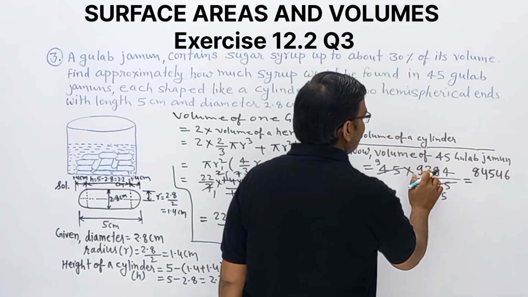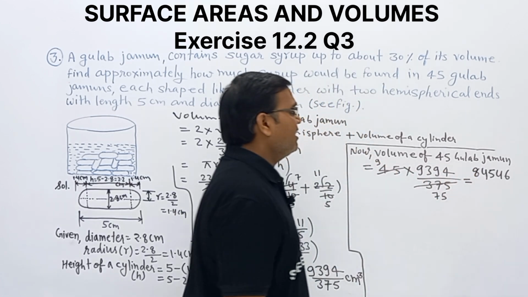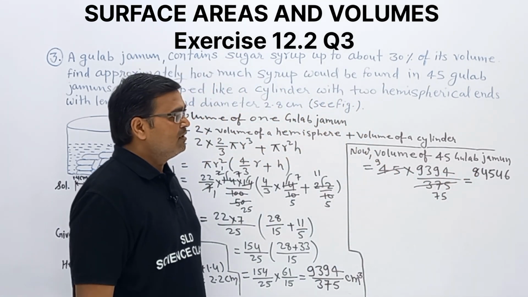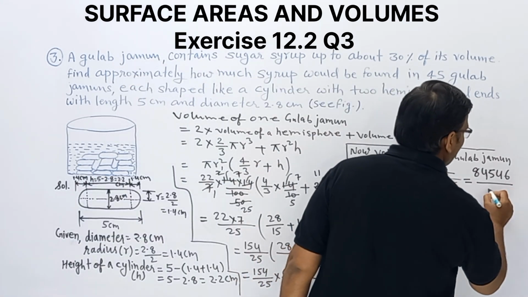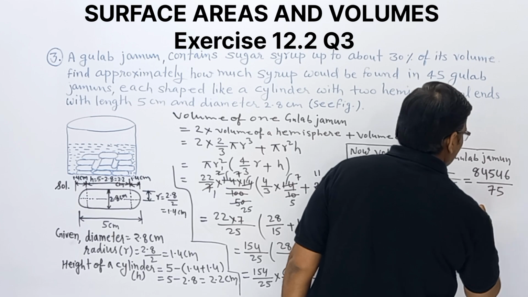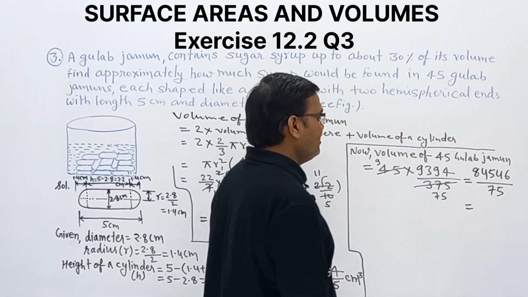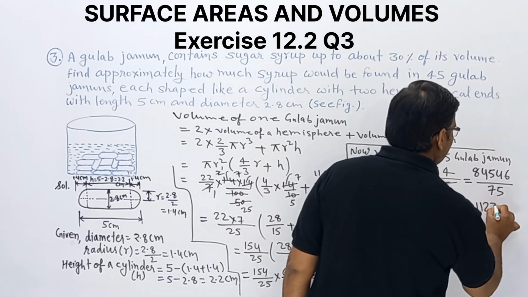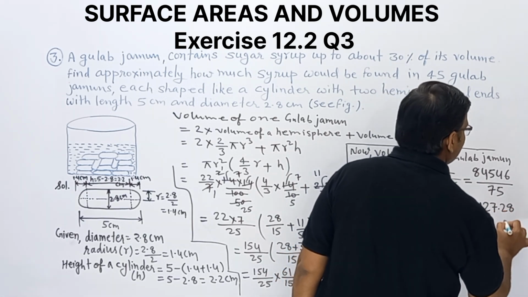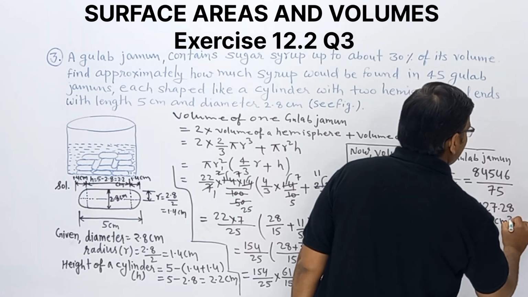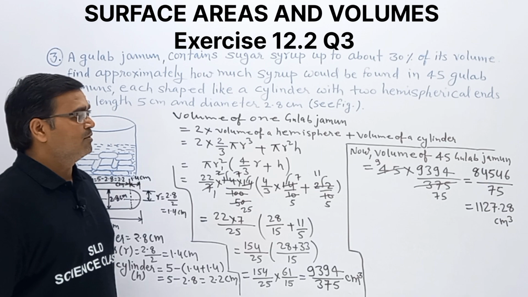Multiply both. 9394 into 9, we are getting 84,546 divided by 75. Once we divide, then we are getting 1127.28 centimeter cube. This is the volume of 45 gulab jamun.